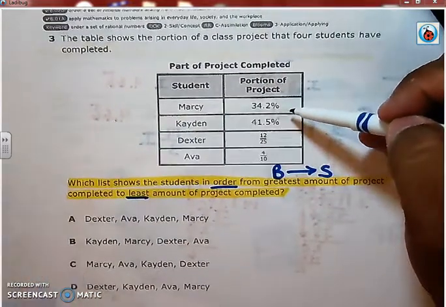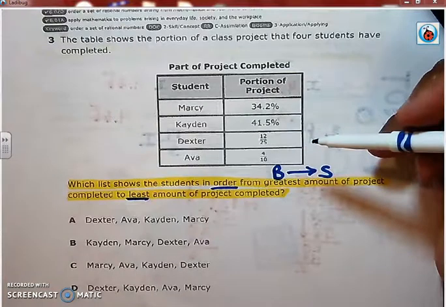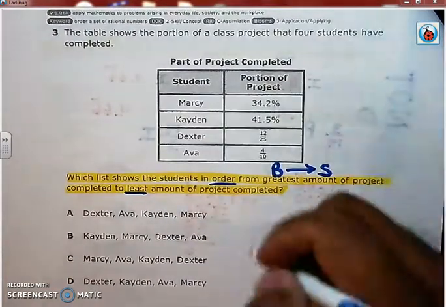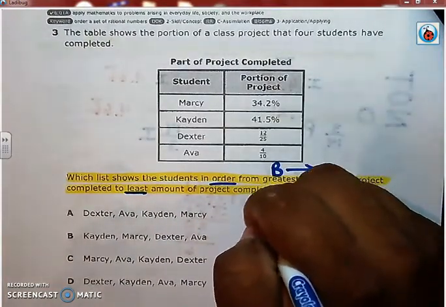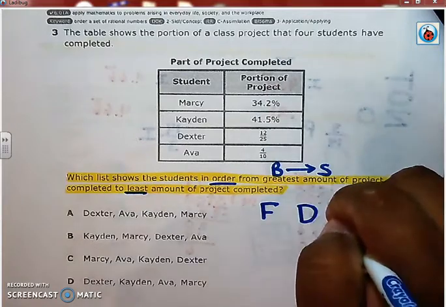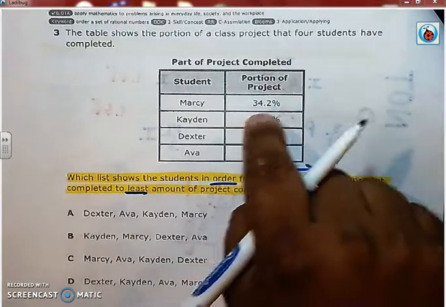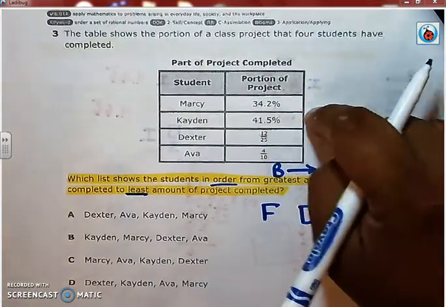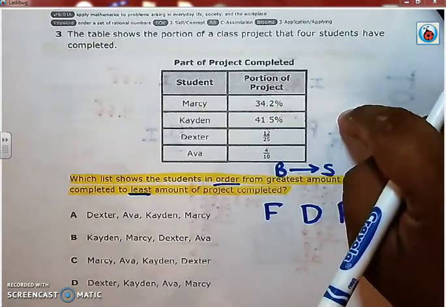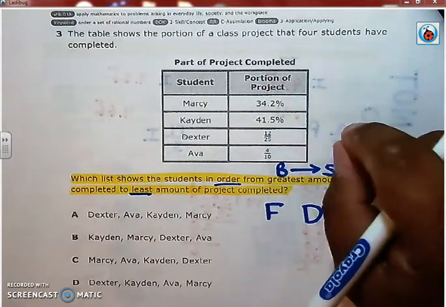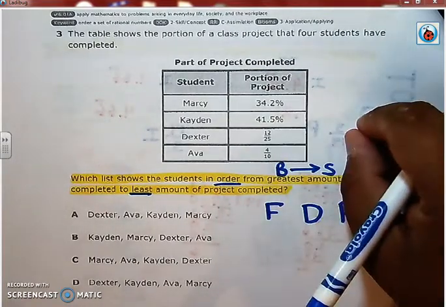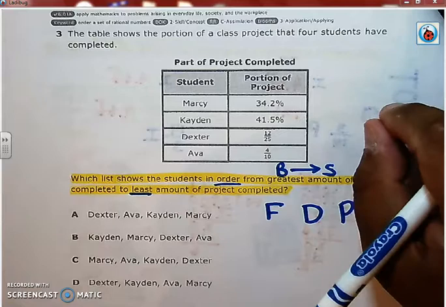I see fractions, decimals, and percents. So this is another FDP problem. Free Dr. Pepper. So let's look at Marcy. One of the things that our teacher told us at the very beginning of the year was to switch everything to decimals. Make everything look like money.